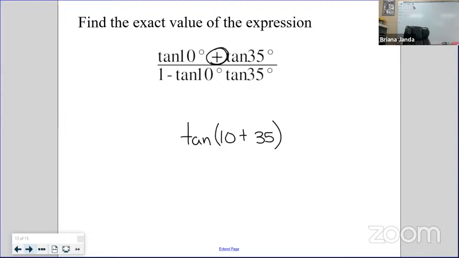And, as always, if it doesn't end up being a unit circle number, something went wrong, okay? Well, 10 plus 35 is 45, which is a great indication that we're on the right track because that's a unit circle number. Tangent of 45 degrees is 1. Questions?